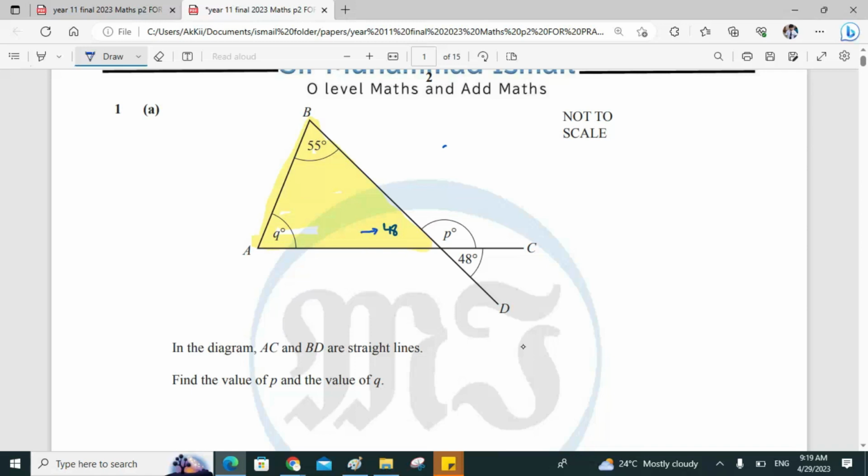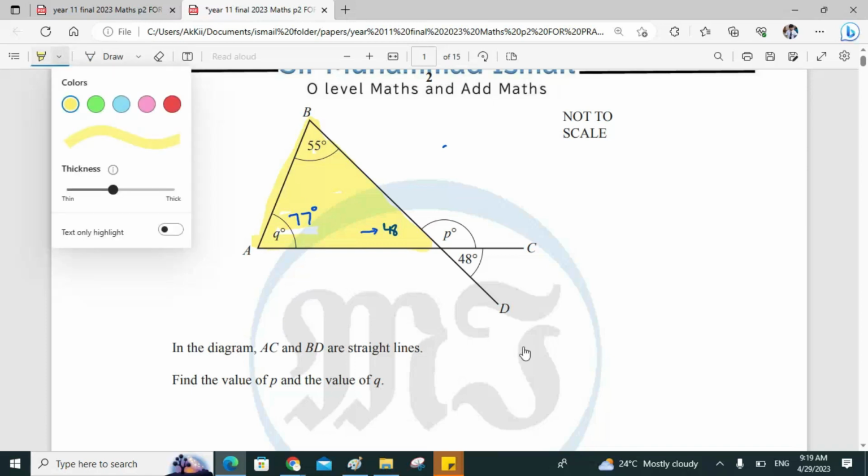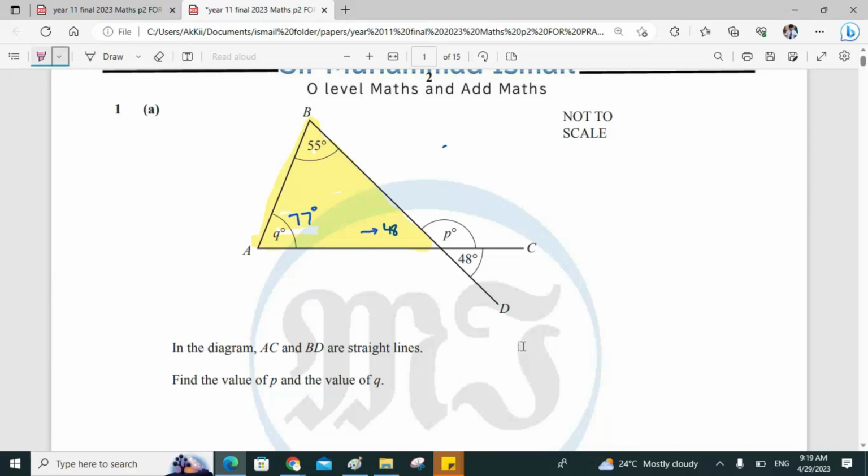You add them together and subtract from 180 to get the value of Q. So you do that, please. It is 55 plus 48 minus 180 degrees, that will be 77. So this angle is 77 degrees, right? Okay, one fact is known. Up till here the things are going okay. It is a very junior sort of question over here.